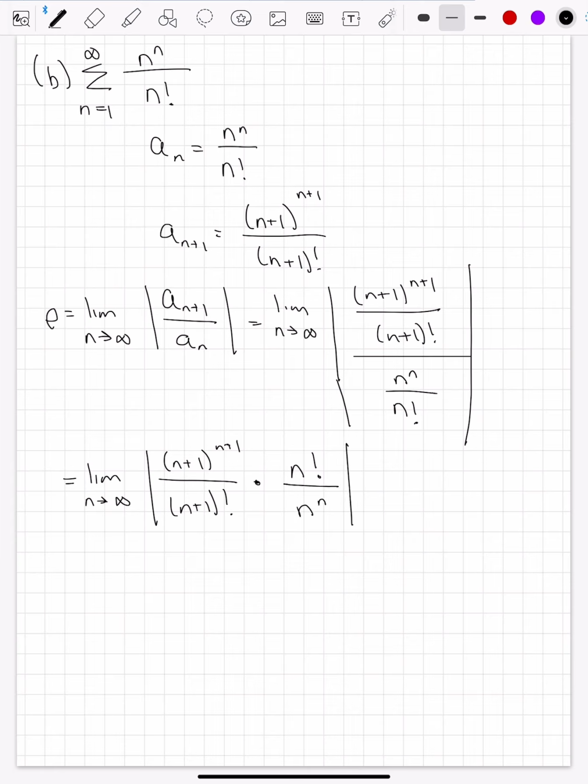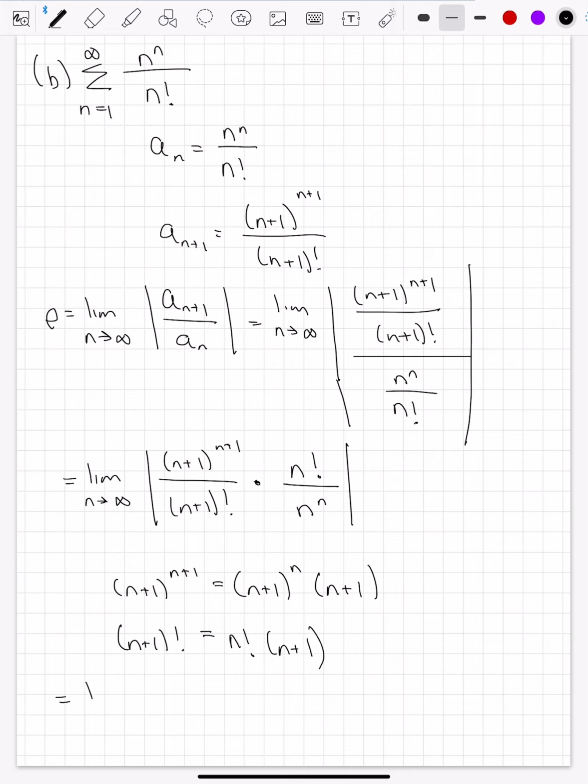And then again, we know that n plus 1 to the n plus 1 is just n plus 1 to the n times n plus 1. And then we know that n plus 1 factorial is just n factorial times n plus 1.